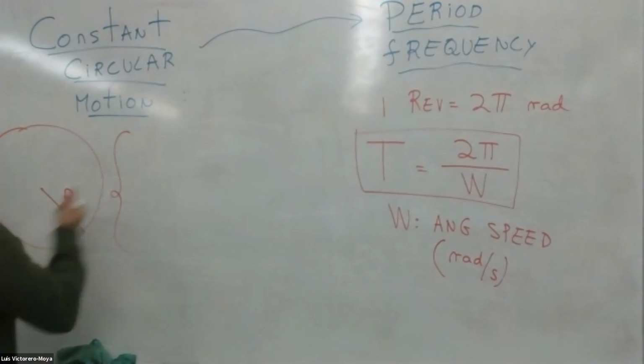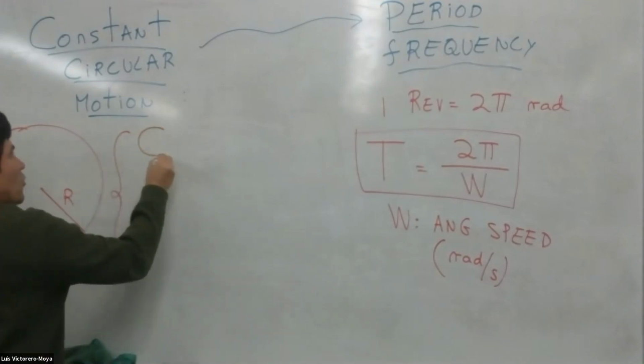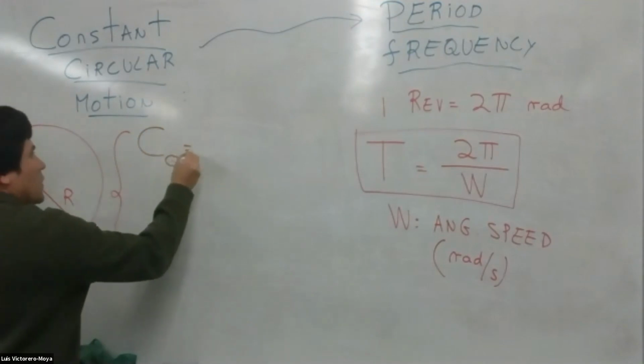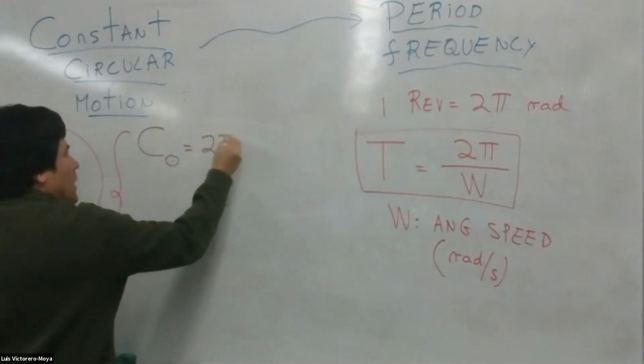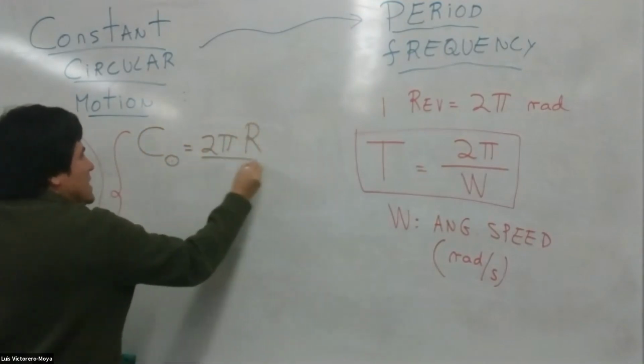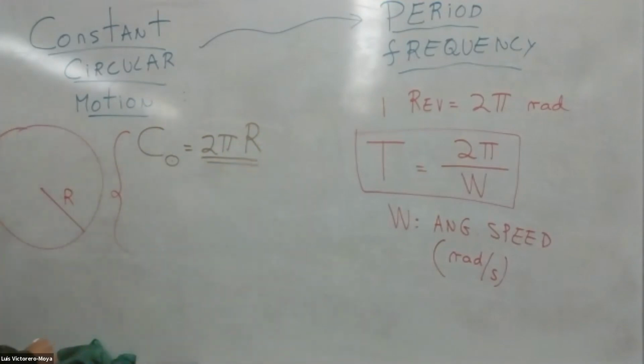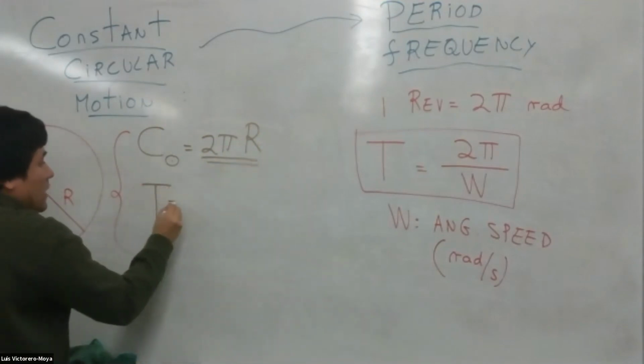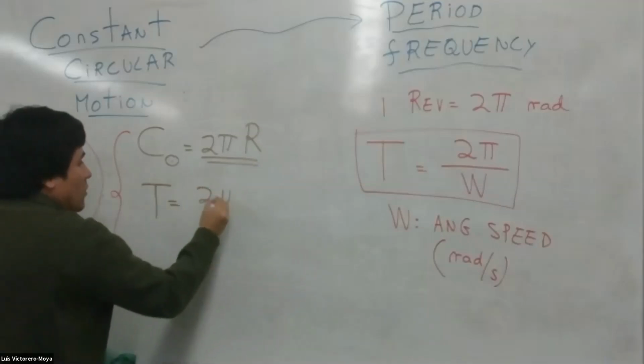The circumference of a circle is equal to 2 pi r. This is the linear length of a circle. So I can also define the period as the total length of the circle.